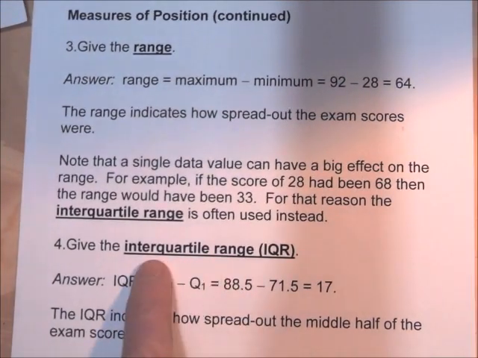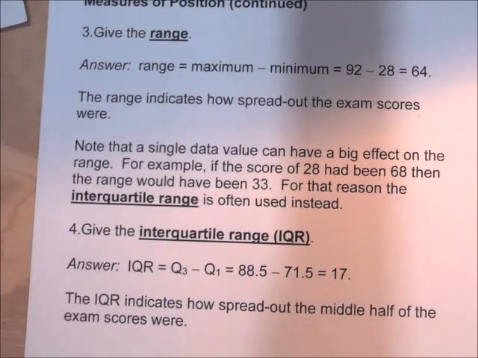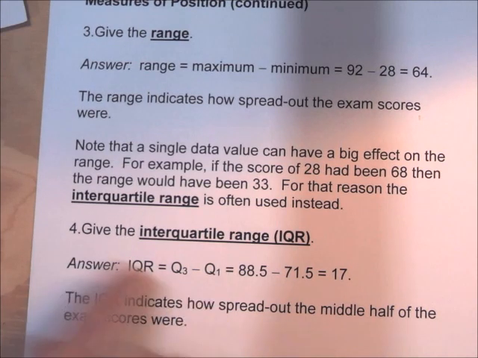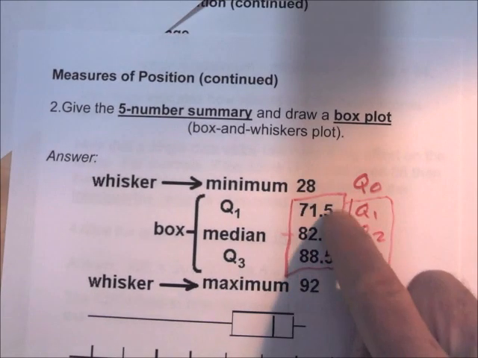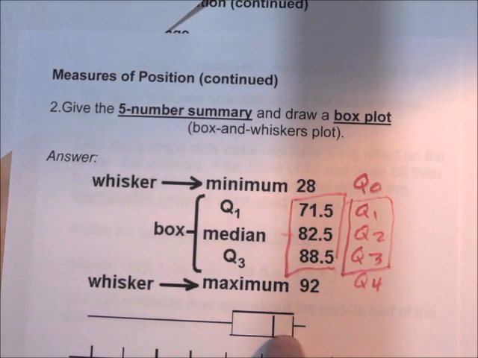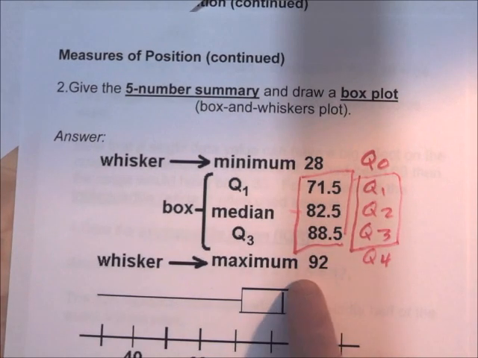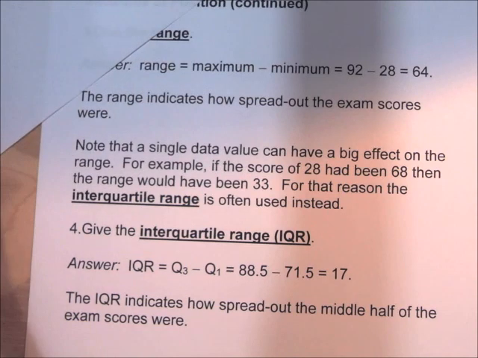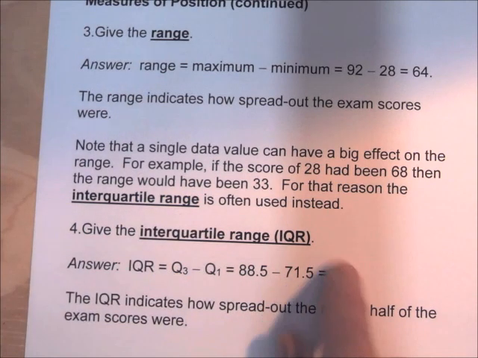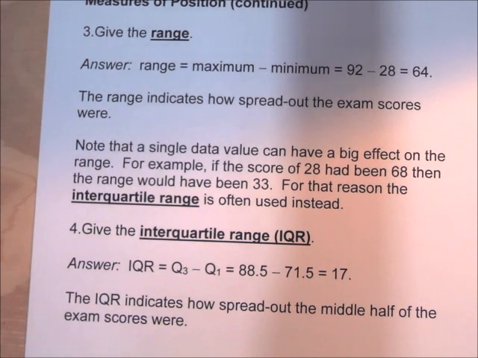It measures how spread out the middle part of the data is. So it's going to be Q3 minus Q1. So it's 88.5 minus 71.5, and that's 17. So that's how spread out the middle part of the data is. And that's not going to be affected by outliers.